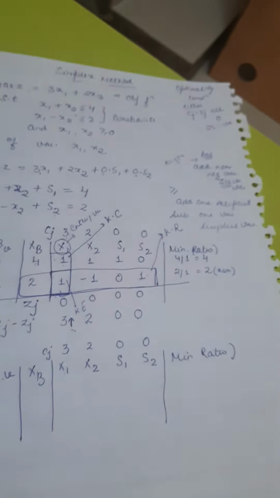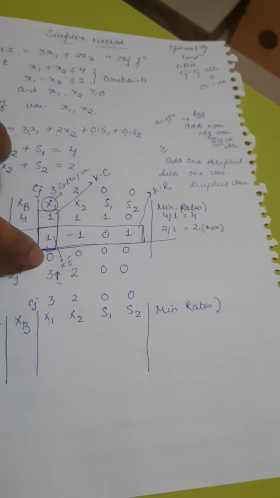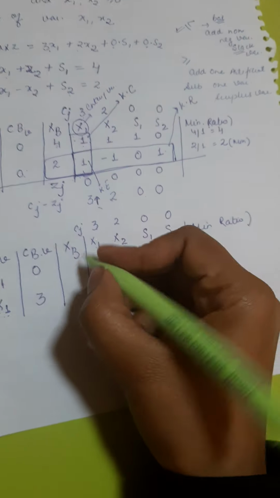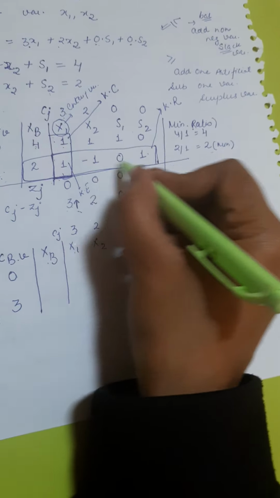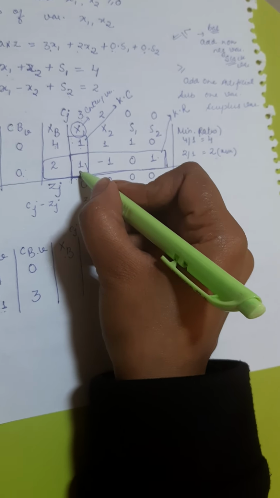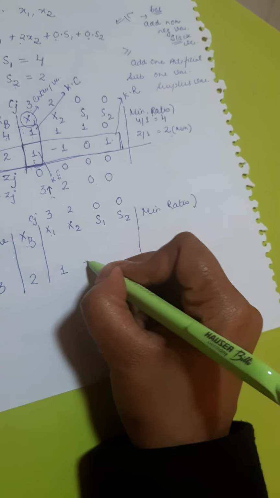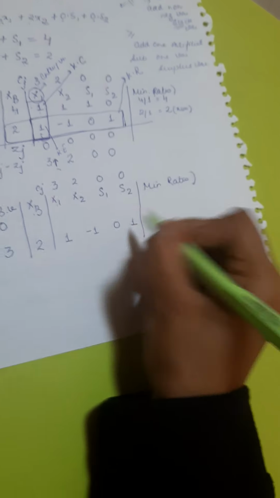And another condition is that the numbers above and below it are 0. Since the intersecting number is 1, you just write it down as it is: 2, 1, minus 1, 0 and 1.